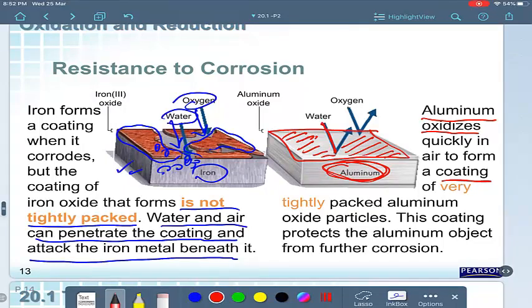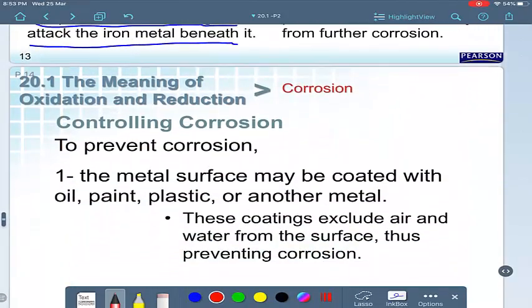Look at the water here, it cannot penetrate. Look at the oxygen here, it cannot penetrate. So for this reason, we can use this layer to protect aluminum, which reacts with oxygen and forms this coating layer. Why? Because the atoms are very tightly packed, different from iron here. And we can say aluminum resists rust more than iron.